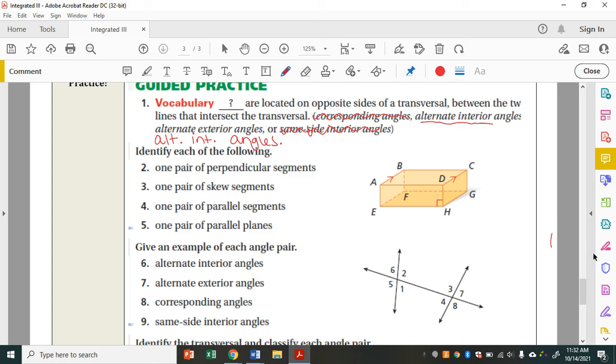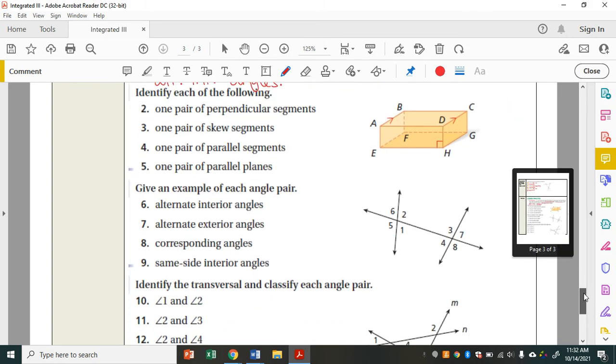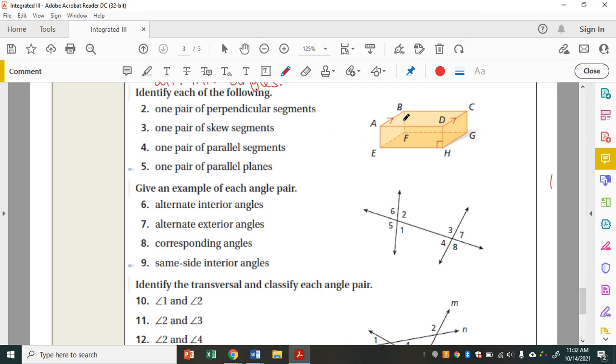Okay. On number 2, there's a lot of different examples from the diagram here. If I wanted to look for a pair of perpendicular segments, what I said is that line EH and line DH are perpendicular, right? We know that by the little right angle box. But there's actually quite a few different segments you could have chosen.